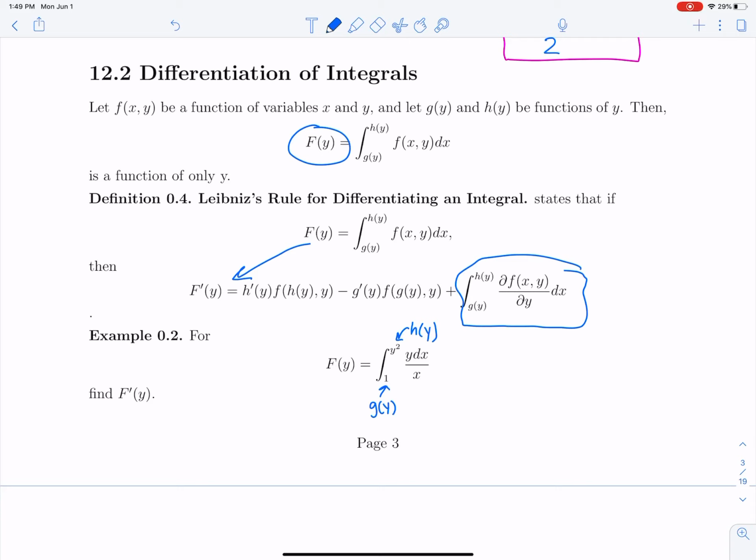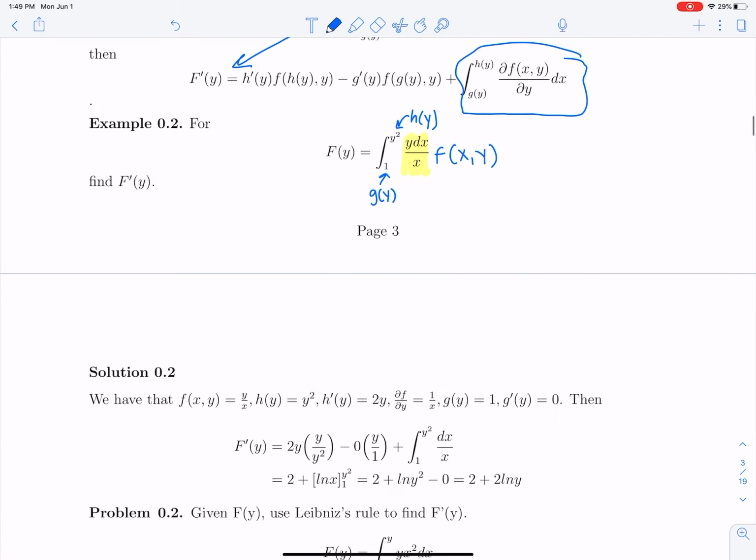And if you notice, our function is a function of x and y. So I'll just write that there, kind of labeling it for you guys to see. And they want us to find the derivative of f of y, which is already difficult because it's already an integral and not a derivative.